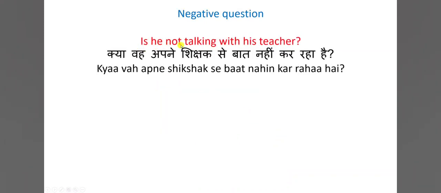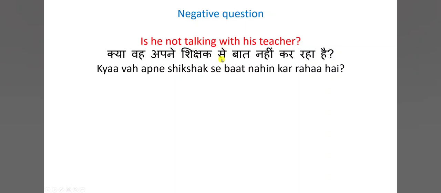Next, negative questions. Is he not talking with his teacher? क्या वह अपने शिक्षक से बात नहीं कर रहा है? वह is he, अपने is his, शिक्षक is teacher, say is with.